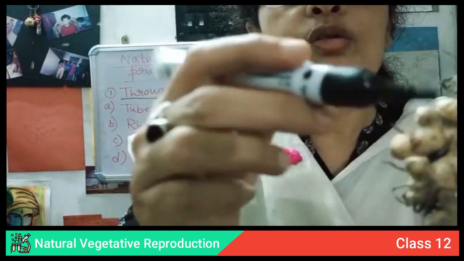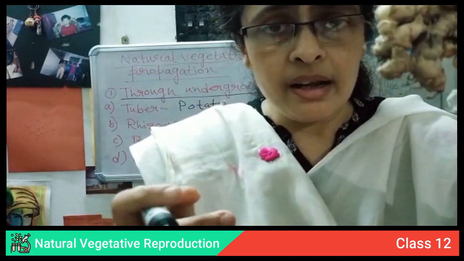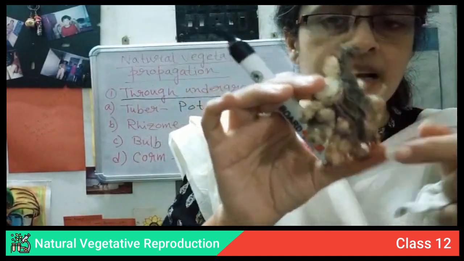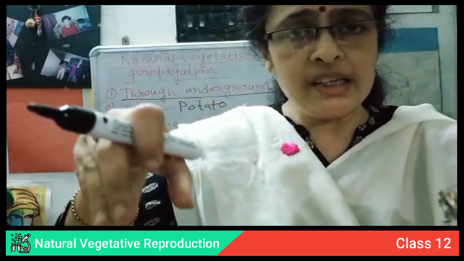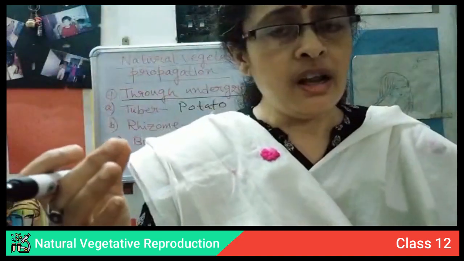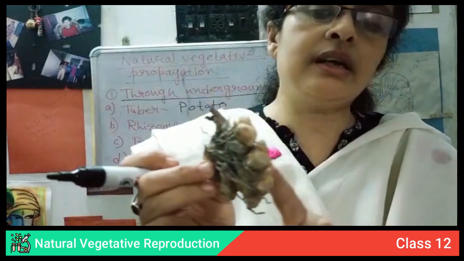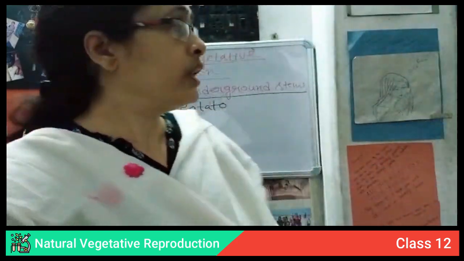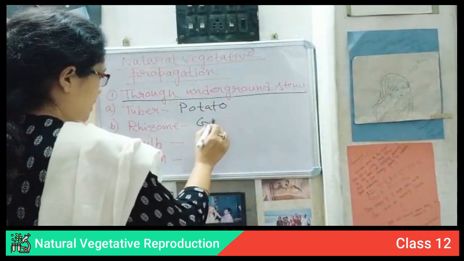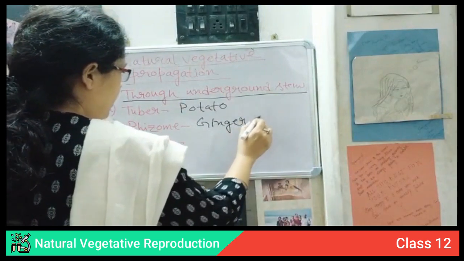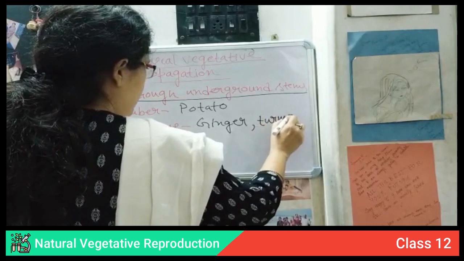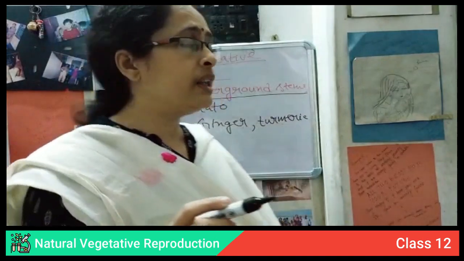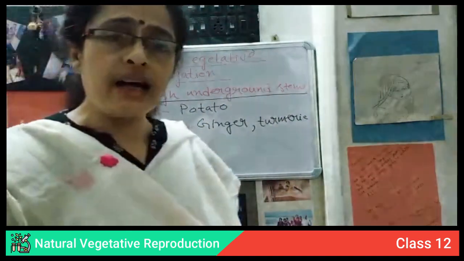These nodes have buds, and from these buds adventitious roots arise, and if you cut this node portion and place it in the soil, a new plant will grow. So from a single stem of ginger you can grow so many gingers. So the example of rhizome is ginger, turmeric, etc. Children, students, you should keep in your mind the example of each type of underground stem.